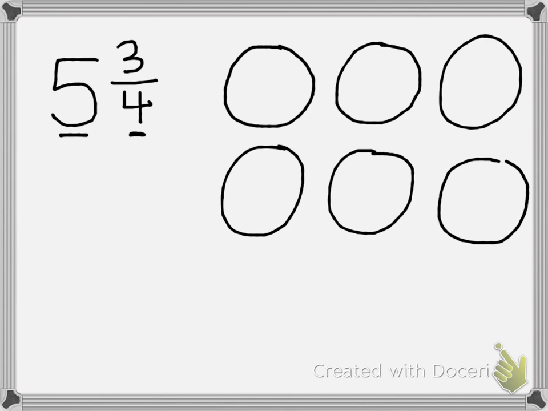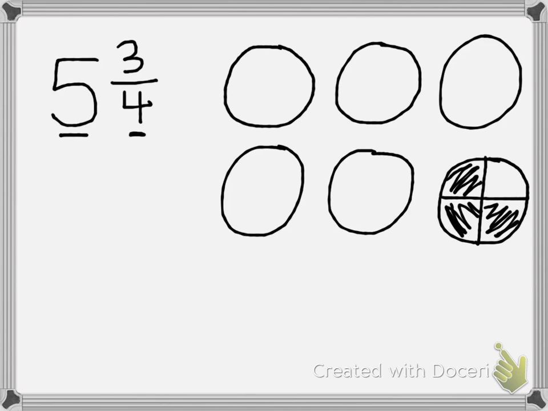So I'm going to take my model, break it into 4 parts because the denominator is 4, and shade in 3 because the numerator is 3. So this represents 3/4.